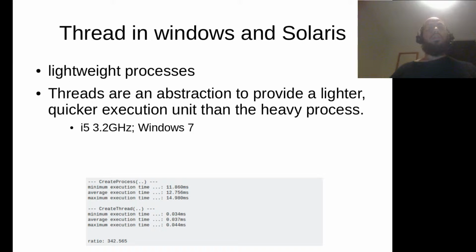So the time required to create a process is 340 times on average the time required to actually create a thread.